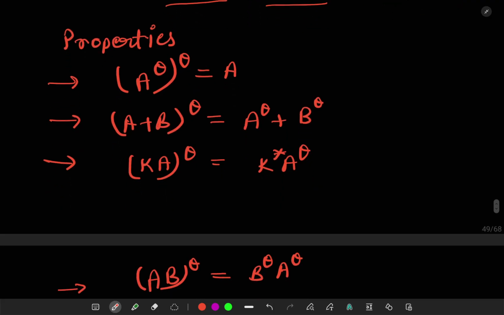Now these are the properties. If we take A dagger and then its dagger, it is equal to A. A plus B dagger is equal to A dagger plus B dagger.